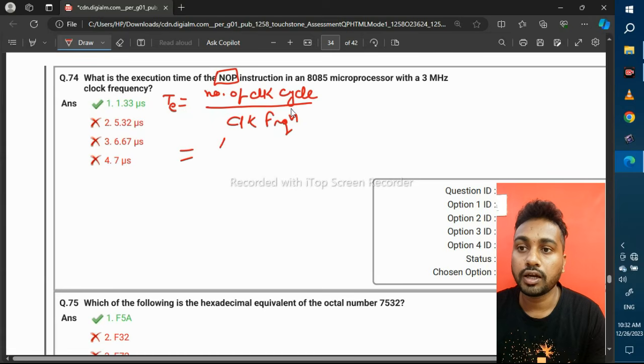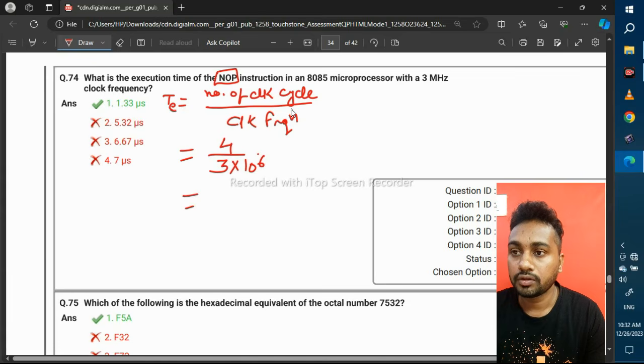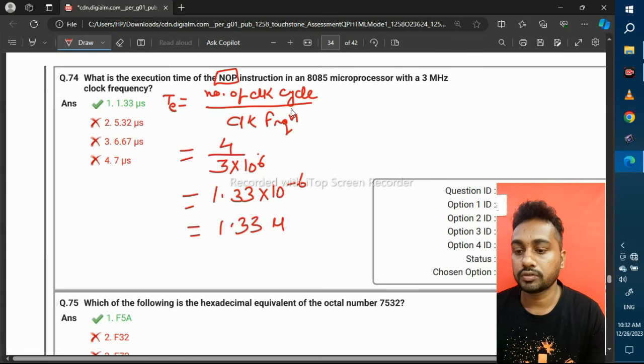So this is 4, and the clock frequency we have been given is 3 megahertz, that is 3 into 10 to the power 6. Okay, and if we calculate, you will find 1.33 into 10 to the power minus 6, or we can write 1.33 microsecond. So this is the answer. This is correct only.